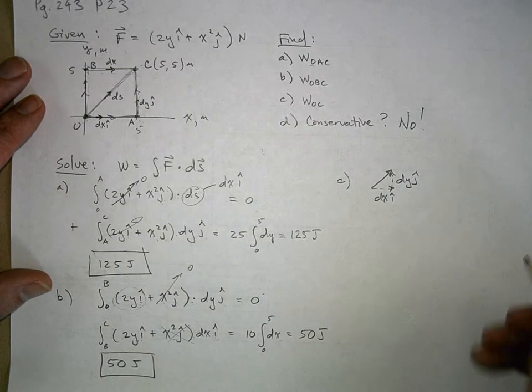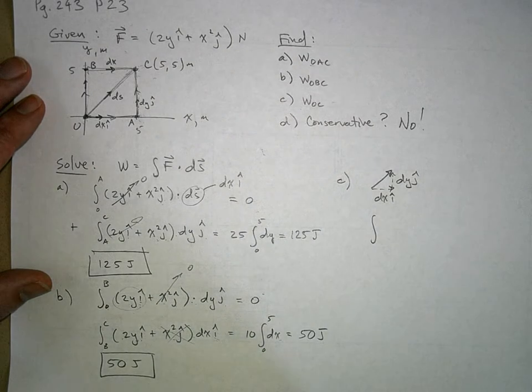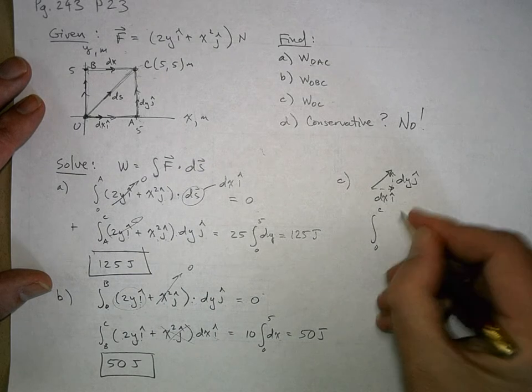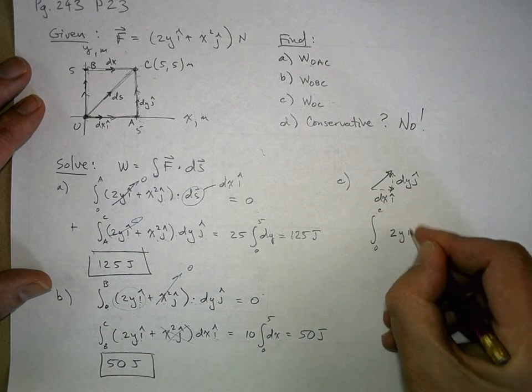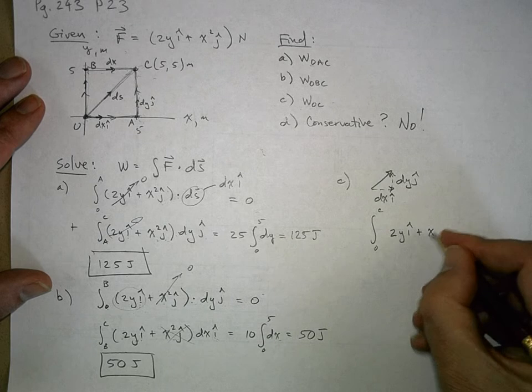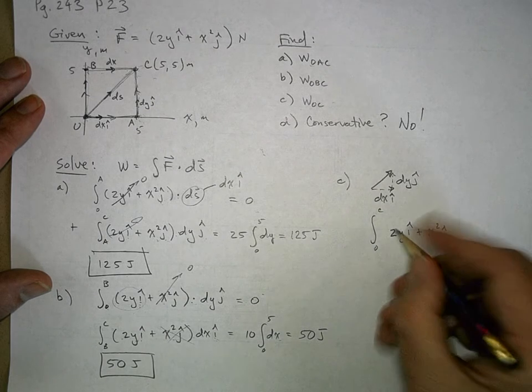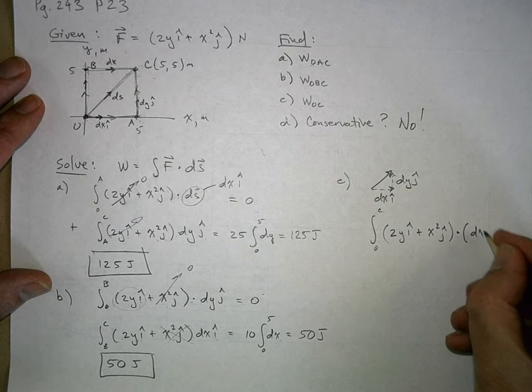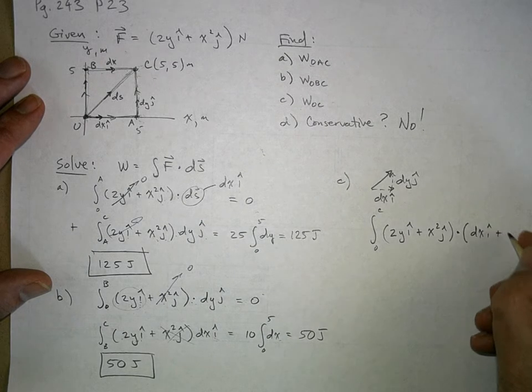So what I can do when I do the integral, and I'm going to go from O to C, I'm going to write 2y I hat plus x squared j hat. I'm going to dot it with dx I hat plus dy j hat.